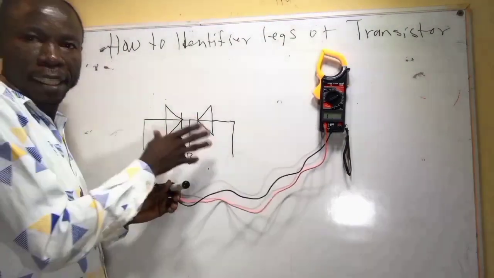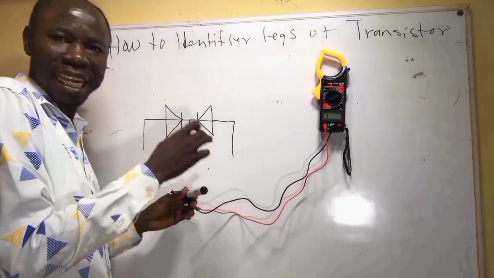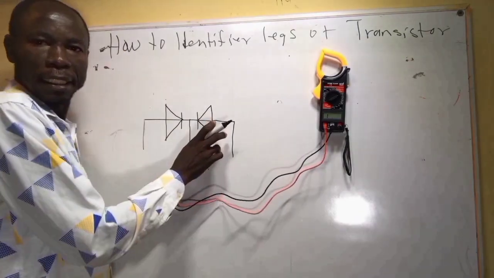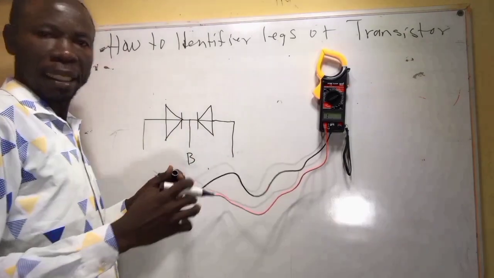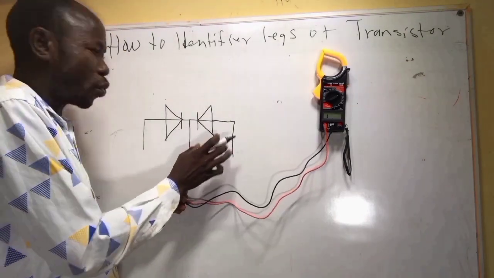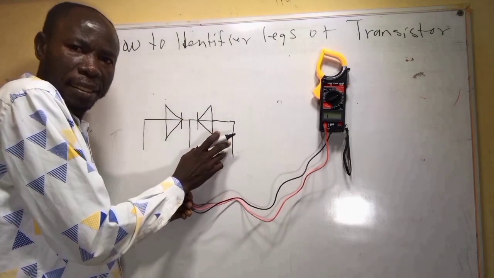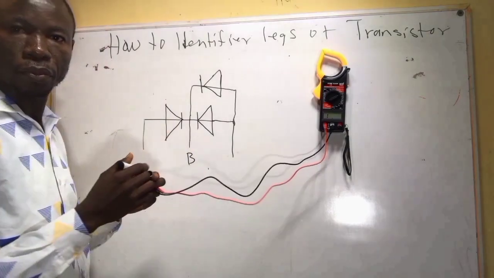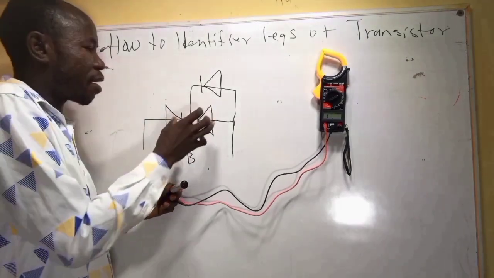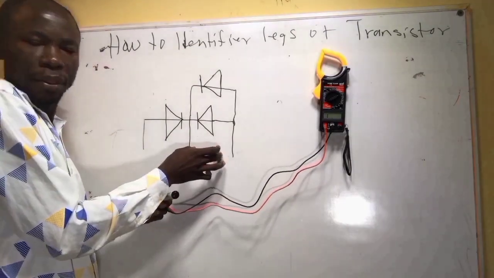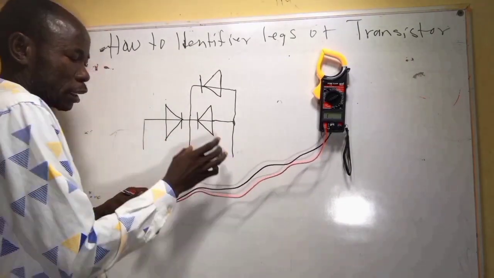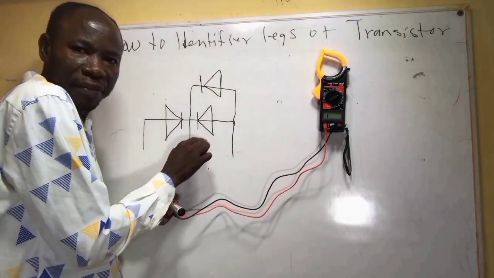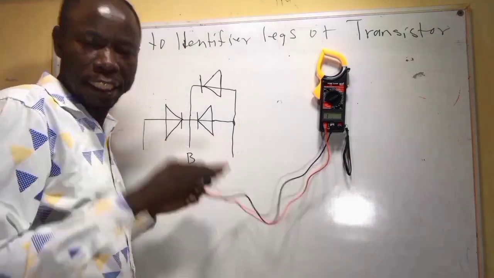So, in this case, we have to add another diode in parallel with this diode so that it will differ the resistance reading from this and that. You get me? So let's go. You see? As I have paralleled another diode to this diode, it means that the resistance of this individual one has decreased.